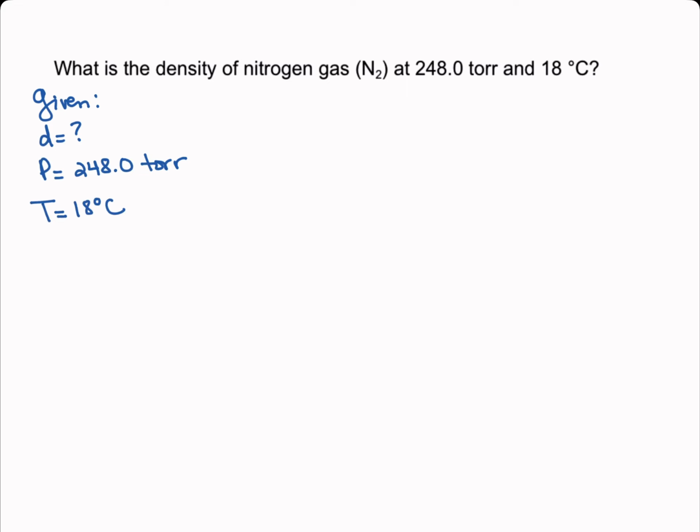And since they're asking for density, I'm going to go ahead and calculate the molar mass of nitrogen gas. Nitrogen gas is made up of 2 atoms of nitrogen. So I'm going to take a look at the periodic table and calculate that the molar mass is equal to 28.02 grams per mole. I'm going to also list the universal gas constant.